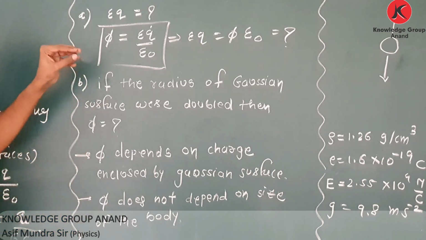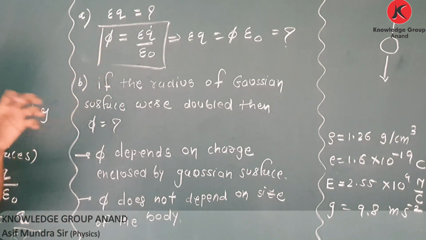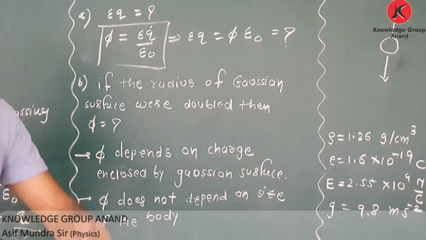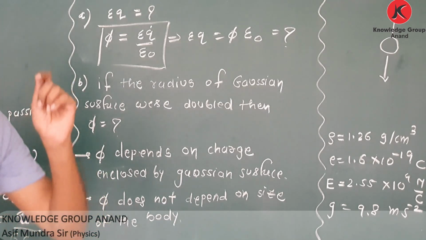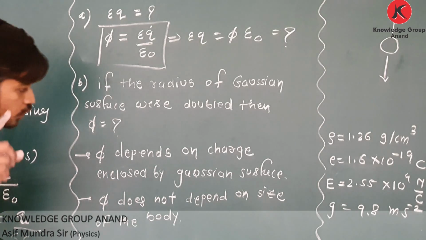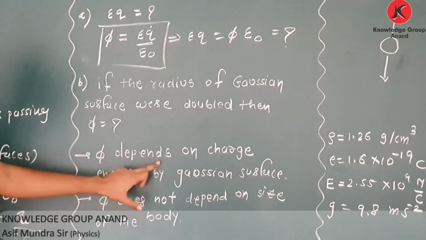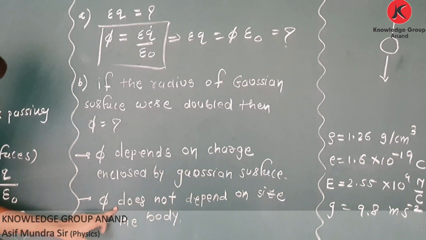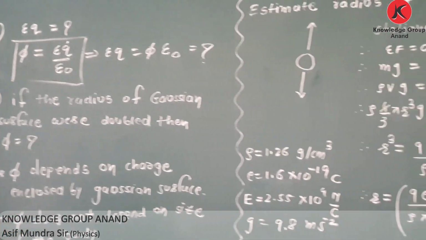So if its size is doubled or its size is halved, flux will remain the same. Clear? So note this point. Phi depends on the charge enclosed by the Gaussian surface. It does not depend on the size of the body.